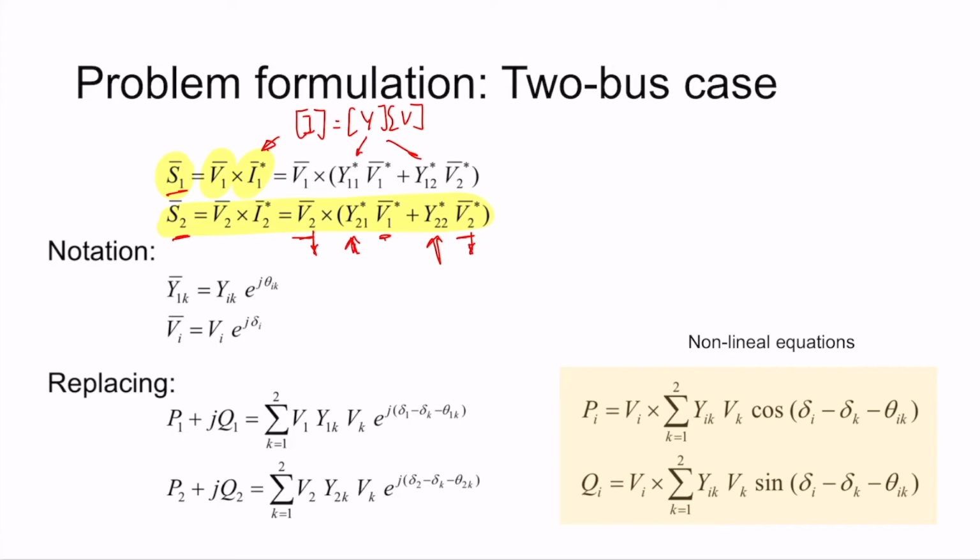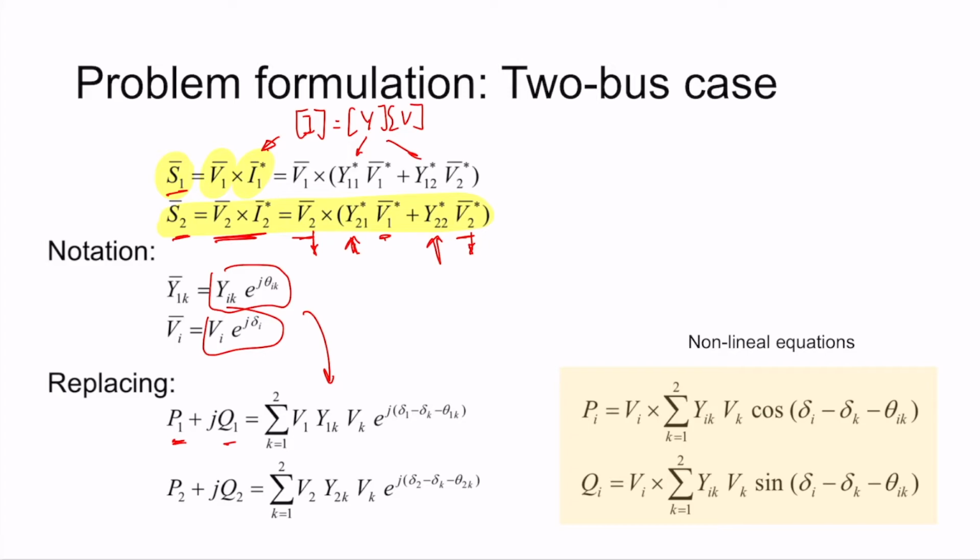So you see S2 is a multiplication. Now this is not linear anymore. And how can we perform this multiplication? Well, those are complex numbers, so we can use the definition of a complex number in two forms, rectangular form or polar form. If I'm using polar form like this for both types of complex number that I have in the definition of the complex power, it will be easy to find the explicit formula for active and reactive power at every node.